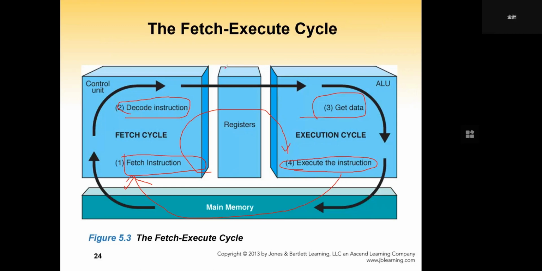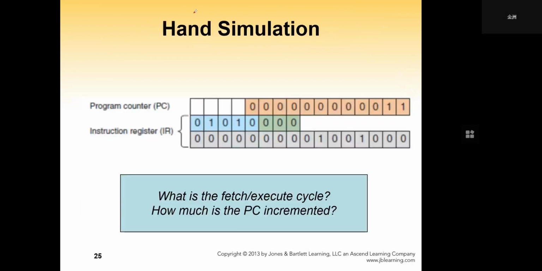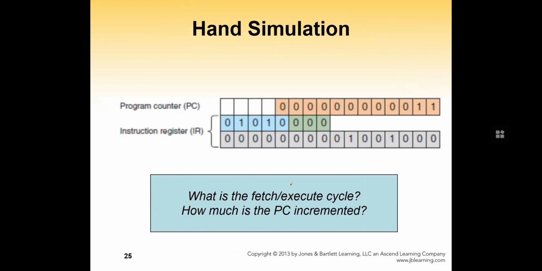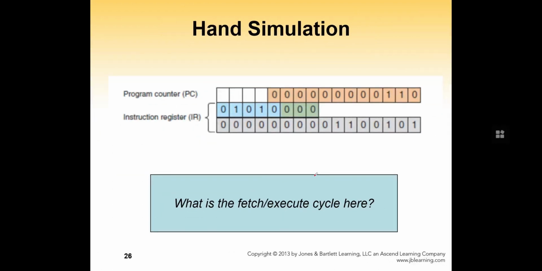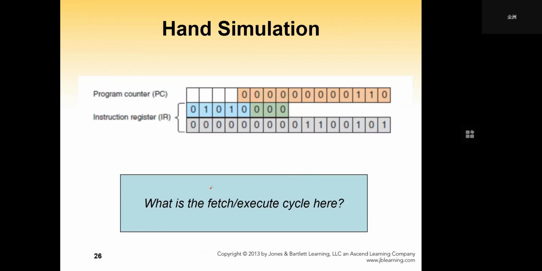So this is how a computer works in the very underlying principle: the fetch-execute cycle. This is about the program counter and the instruction register. Such questions you can consider after class.